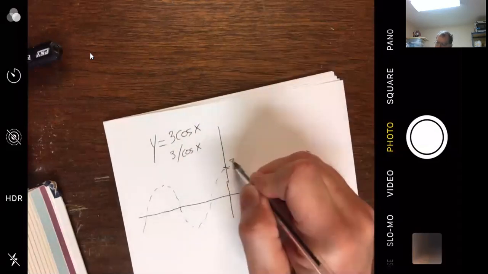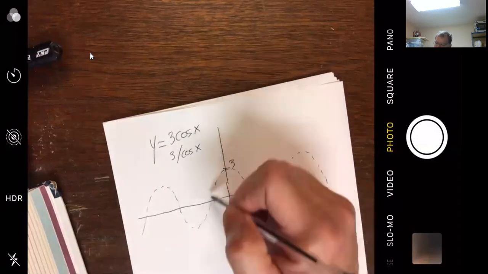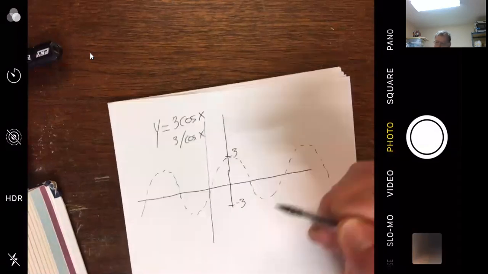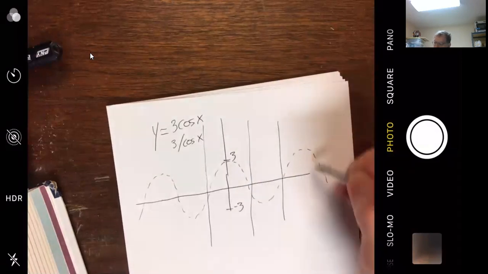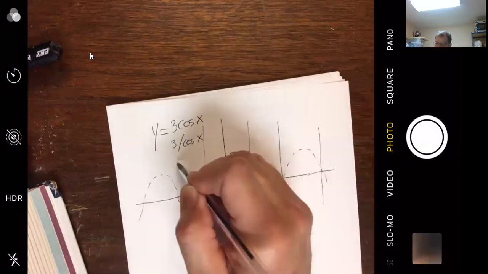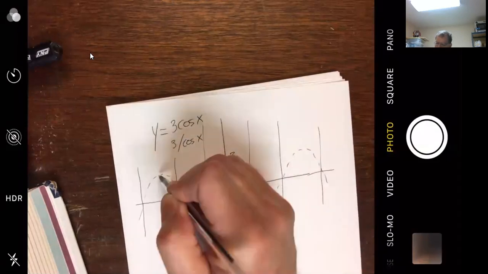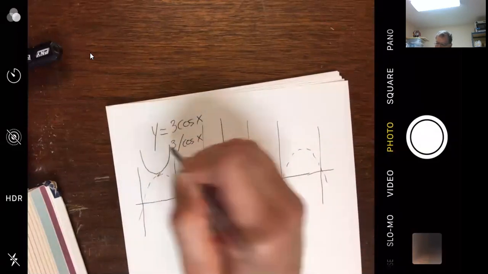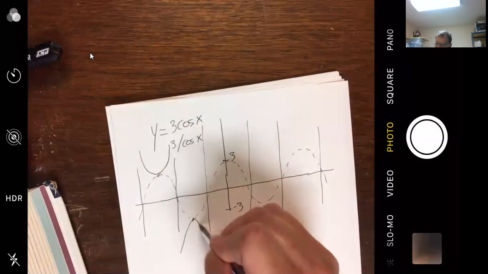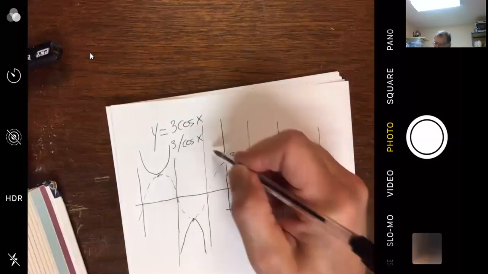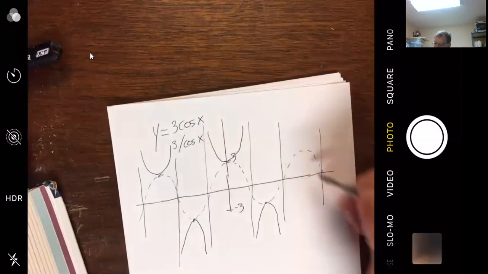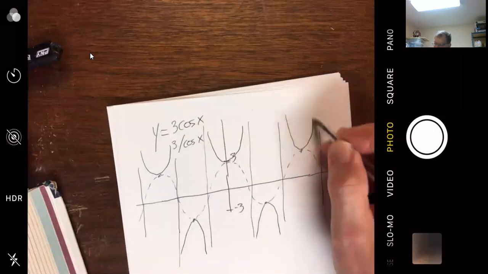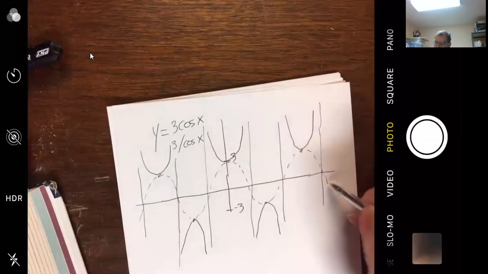So you're up to 3, you're down to -3. Vertical asymptotes, which the calculator does not show you, go through every x-intercept. Humps and dips coincide right there, and they flip, just like this, and so on.